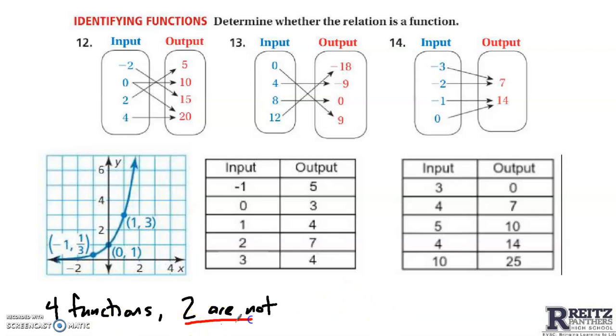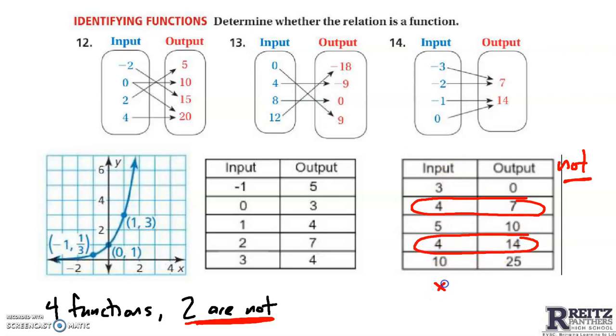It might be easier to tell which ones are not functions. We're looking for relations where there's at least one x value that has more than one y. Here's one right here. This one here is not. The one on the bottom right. And it's because of these 2 rows.